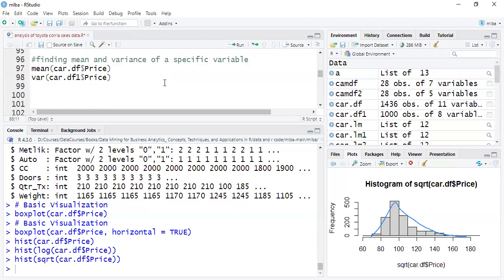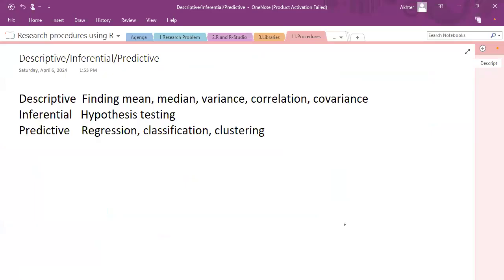Now coming to the descriptive measures. There are procedures which I want to mention here before starting the actual analysis. Up to now, I was preparing the data for analysis. Now I assume the data is prepared up to a certain level, and I want to apply some procedures.